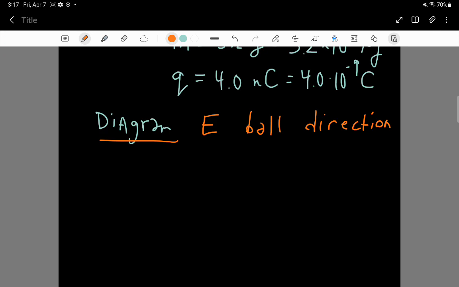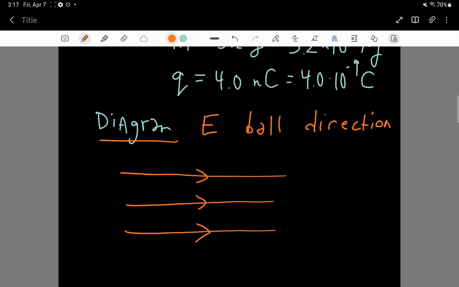So what I'm going to do is indicate a rightward electric field with field lines that are parallel and spaced out equally, right, uniformly. This indicates a uniform electric field. And in the diagram, I might say that this is 250 newtons per coulomb. So that's a description of the field.